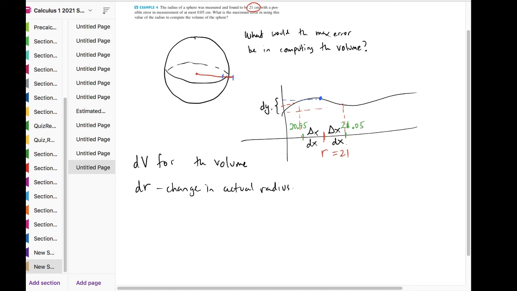So what's the volume of the sphere? Remember that one? Yeah, 4/3 pi r cubed.